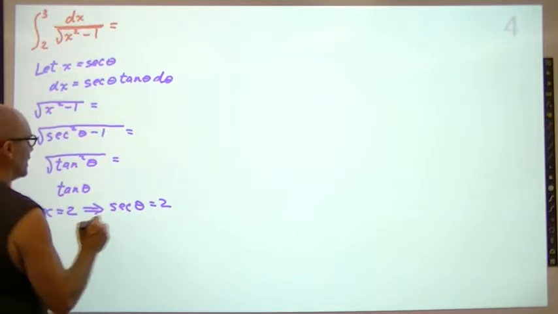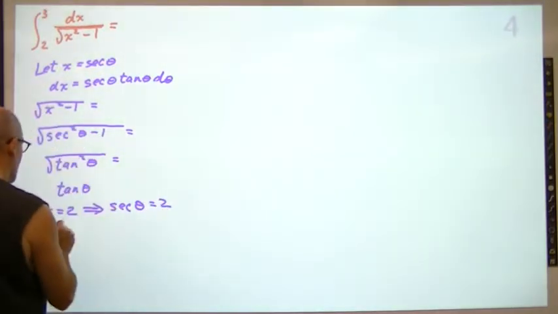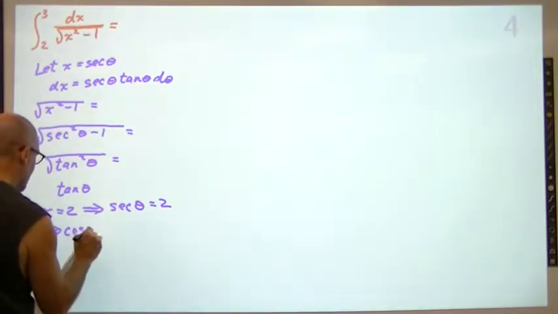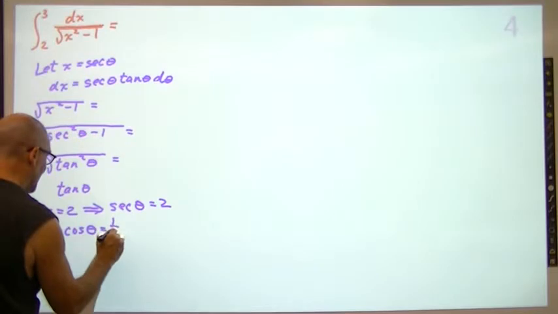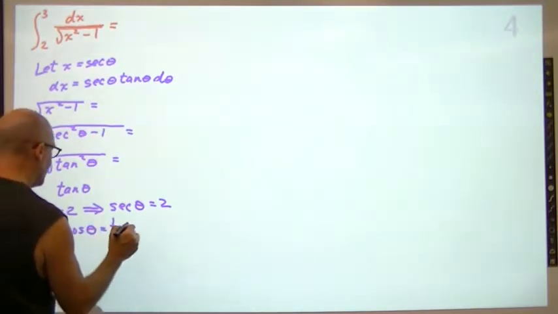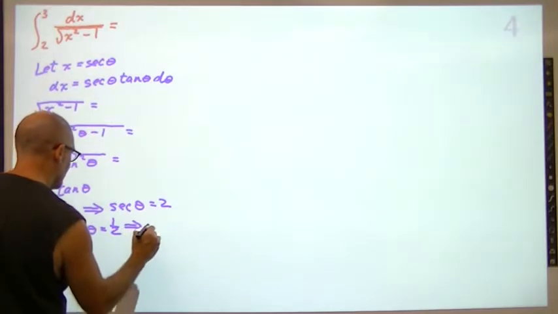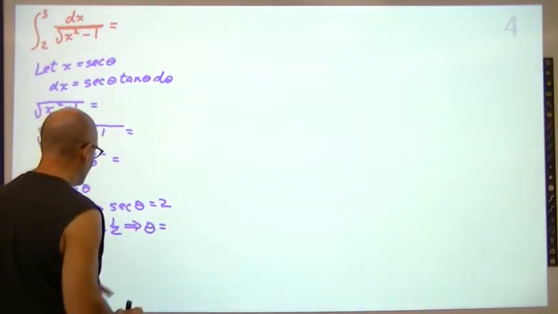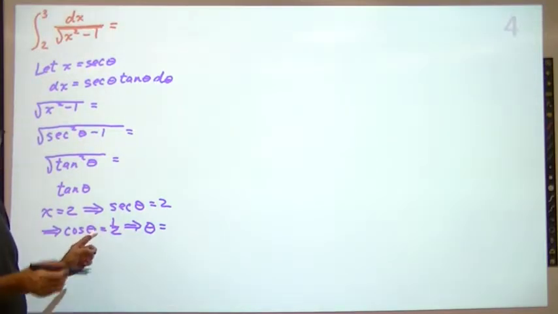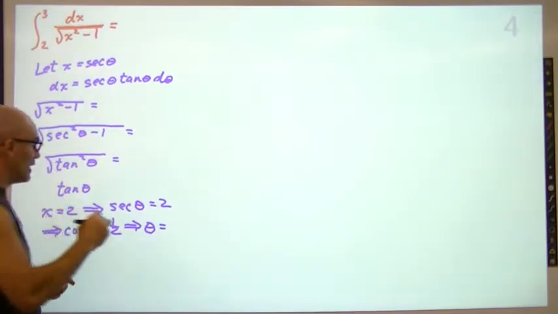Or let's do it like this. Secant theta is 2, and that means that cosine theta equals a half. And so theta is the inverse cosine of 1/2, which we know is pi over 3.